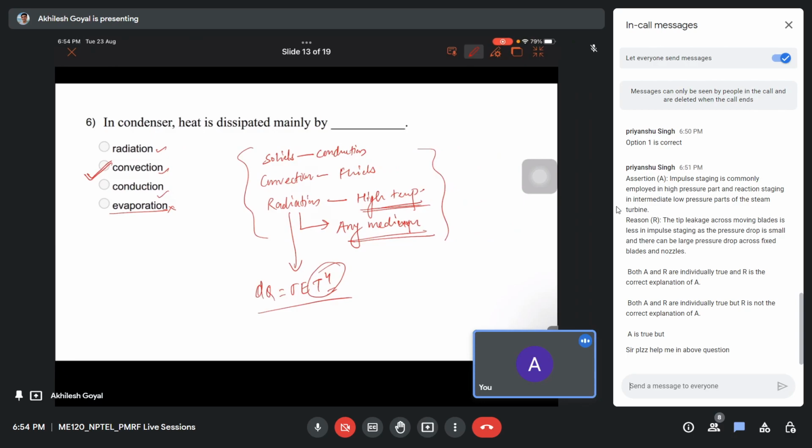Priyanshu asked, impulse staging is commonly employed in high pressure part and reaction staging in intermediate. I expect this question is from the current assignment, and I cannot answer any question from the current assignment.